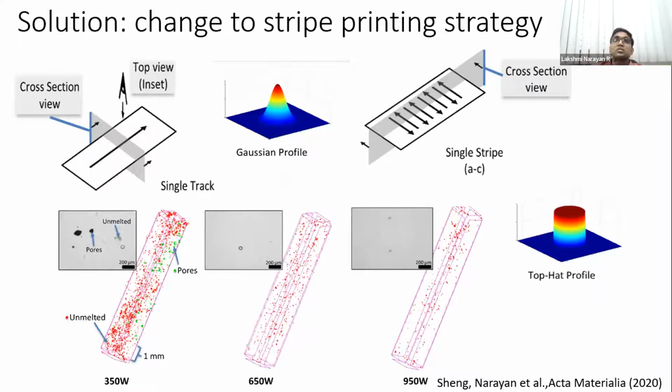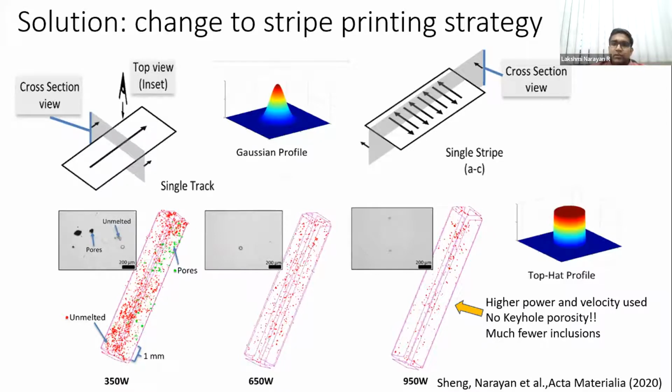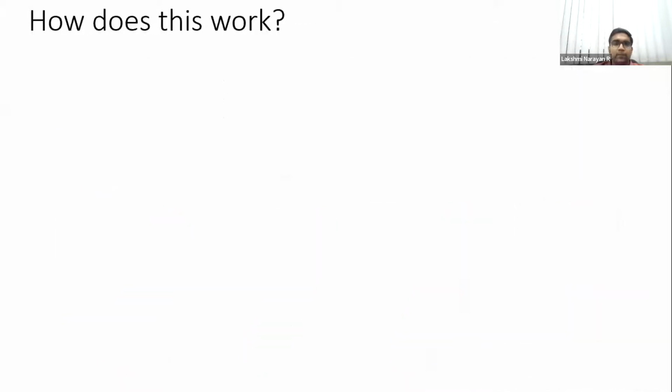Of course, the keyhole porosity is completely eliminated in these. However, you have some inclusions. Of course, in the 950 case, the inclusion level is much, much lower. So we are using a very high power and velocity combination, but still there is no keyhole porosity. We completely removed them. Not a single keyhole porosity was identified, at least via our tomography measurement, which has a reasonable resolution. Whatever pores there were are metallurgical pores that cannot be avoided.